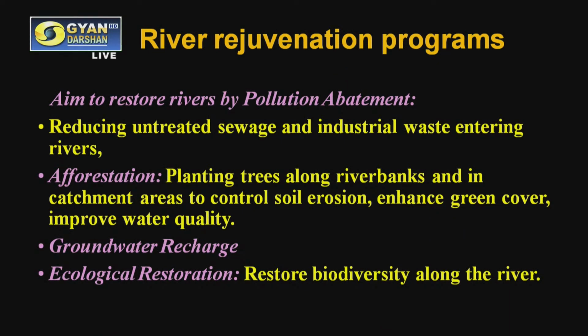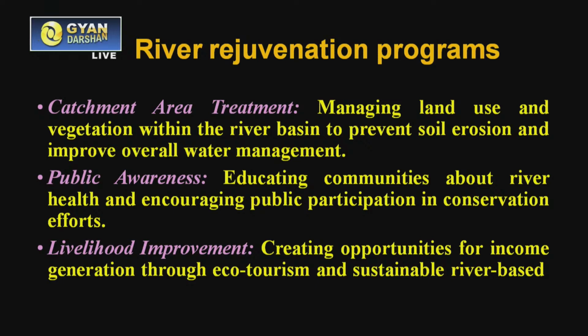Finally, the river rejuvenation program, because we started with the rivers. The aim is basically to restore the rivers to their original conditions by pollution abatement, where we reduce the untreated sewage and industrial waste entering the river, and by afforestation, planting trees along the river banks, so that we can improve soil fertility, prevent soil erosion, and recharge groundwater. Also ecological restoration by restoring biodiversity, public awareness, and creating livelihood opportunities and ecotourism for sustainable river-based solutions.